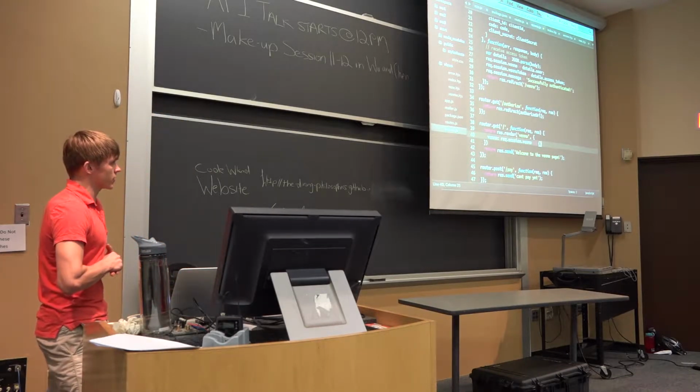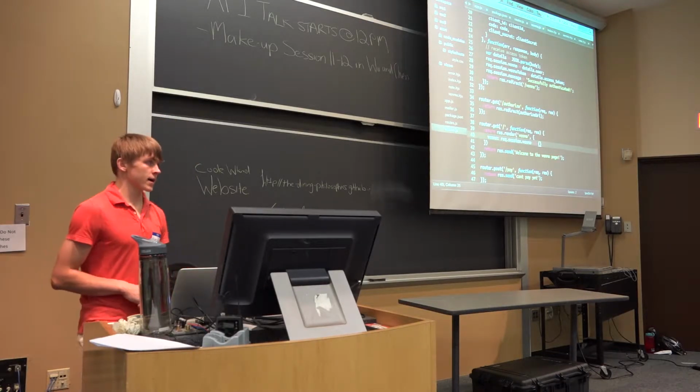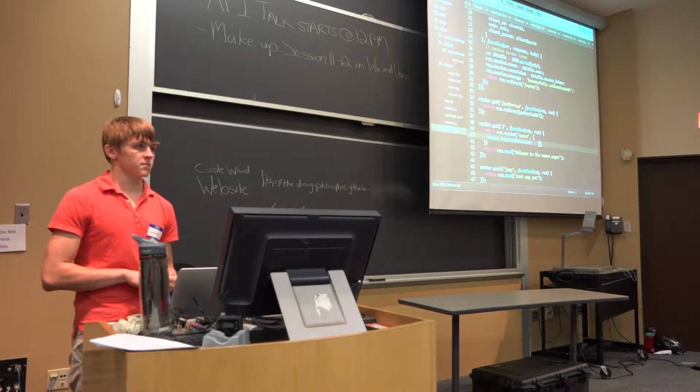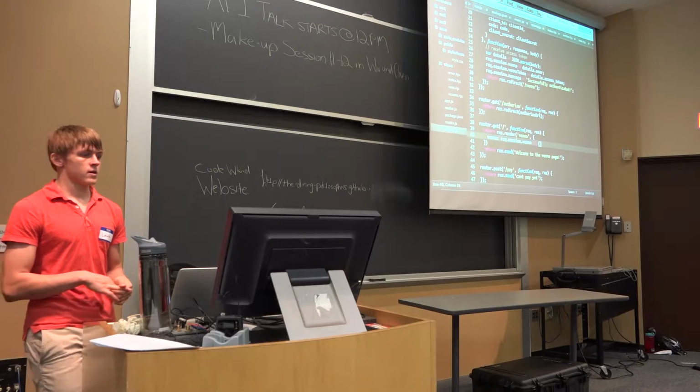And then in our template, we can check if that Venmo object is there, and if it is, we can say, hi, you are authenticated as username, and if it's not, we can say, you are not authenticated, click on this link to authenticate.